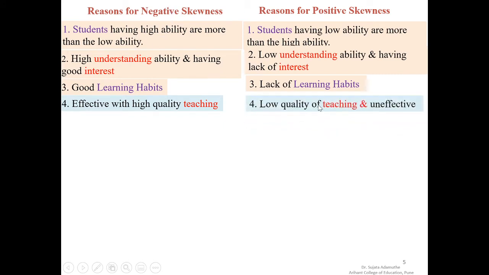Here, if your teaching is of low quality and ineffective, the students will not concentrate on that subject, they will not take interest, they can't understand the subject, and it automatically affects the scores. They will get fewer marks, and positive skewness will come here. That means your highest point is on the left side of the curve and positive skewness will come.